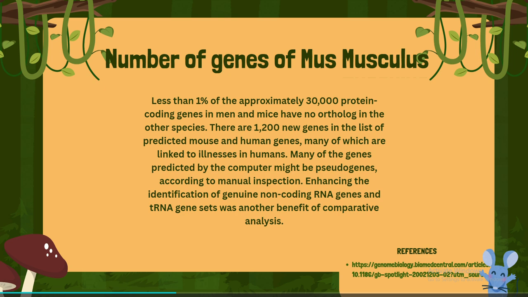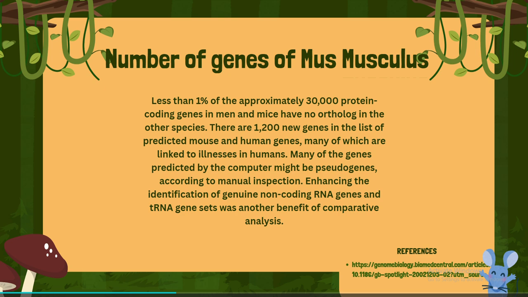Number of genes of Mus musculus. Less than 1% of the approximately 30,100 protein-coding genes in men and mice have no ortholog in the other species. There are 1,200 new genes in the list of predicted mouse and human genes, many of which are linked to illnesses in humans.